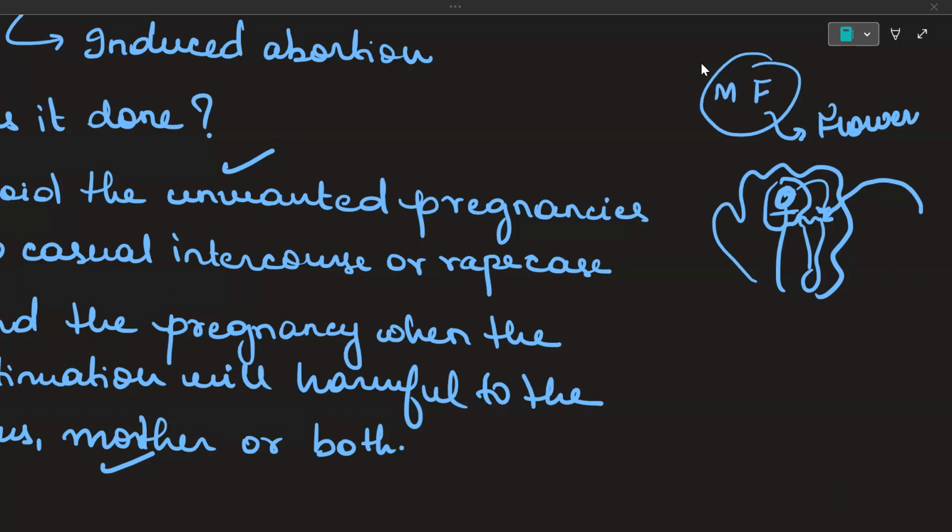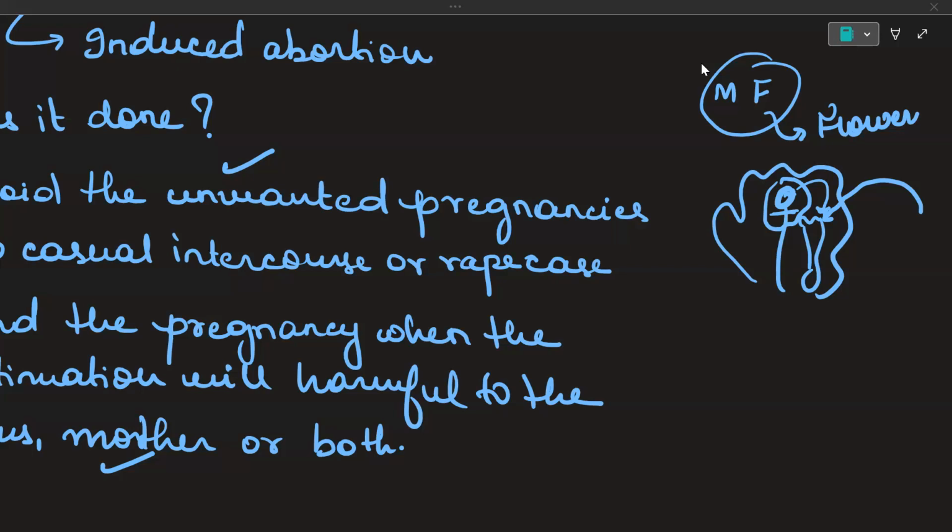Insects. Very good. Do you know the name of the phenomenon, the pollination with the help of insects? Entomophily. Yes, you're very close.